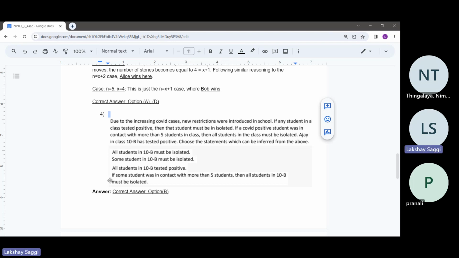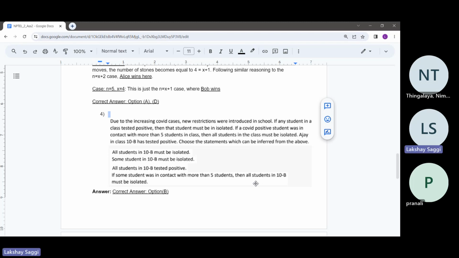Now here in option D, if some student was in contact with more than 5 students, then all students must be isolated. Similar reasoning applies here. So if some student was in contact with more than 5 students, then all students in 10th B must be isolated. Now we don't know the student, right? That some student can be Rajiv, can be Ajay, can be anyone.